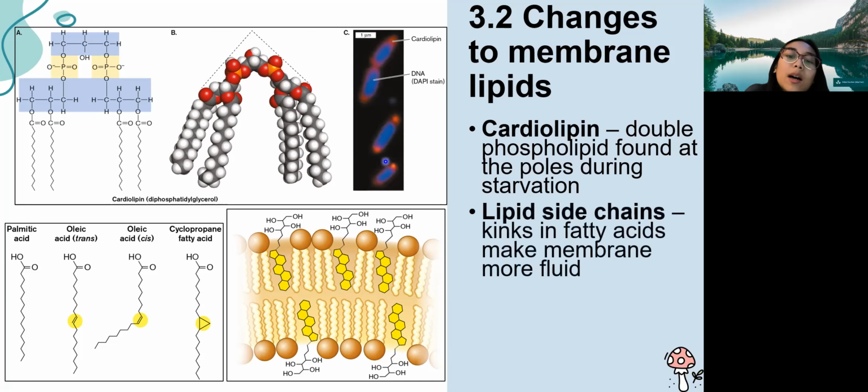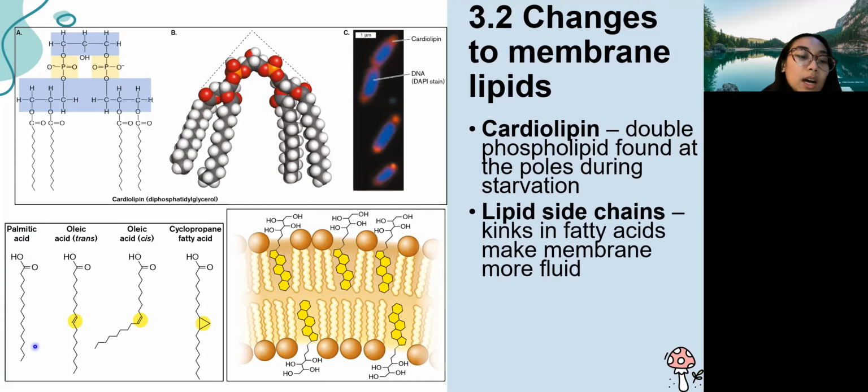All right. The side chains for the lipids that they use in their phospholipids can also change. So for example, this is a very normal phospholipid fatty acid. It's just a regular carbon and hydrogen chain, so super simple. But you can have them in different orientations, and the ones that have kinks are really important because they help make the membrane more fluid.